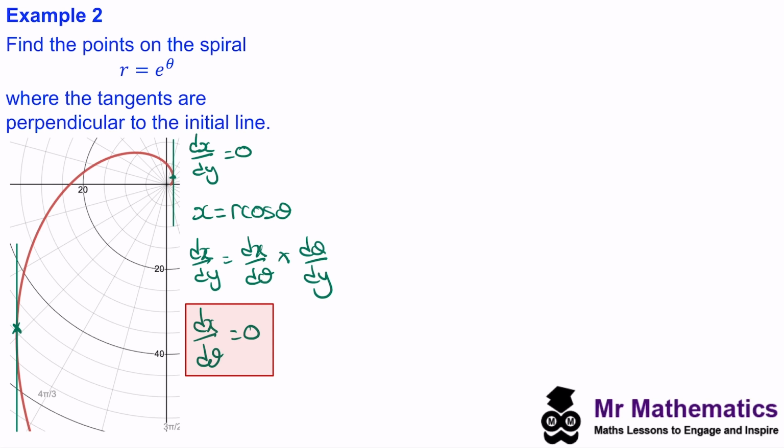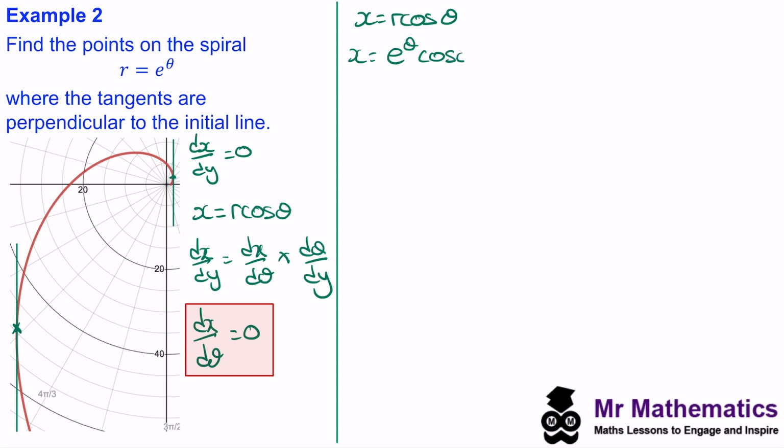Okay? So if x is equal to r cos theta, and we're told that r is equal to e to the power of theta, then we can substitute that into here. So x will equal e to the power of theta cos theta. And we need to work out dx by d theta, which we can do using the product rule. So we have e to the theta. The derivative of cos theta is minus sine theta, plus the derivative of e to the power of theta, which is itself, cos theta.